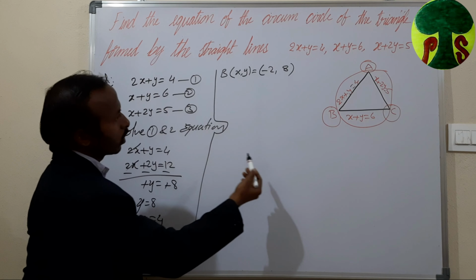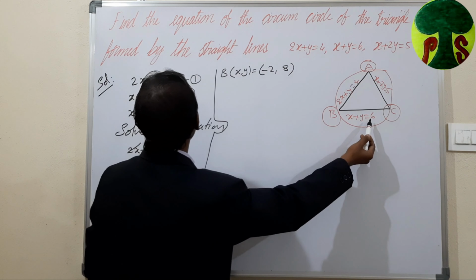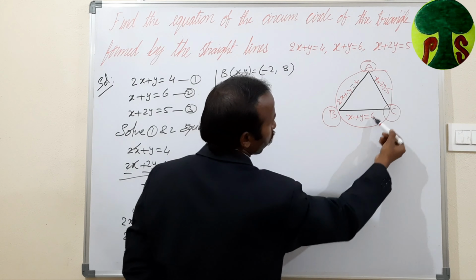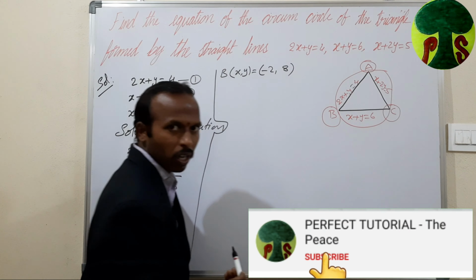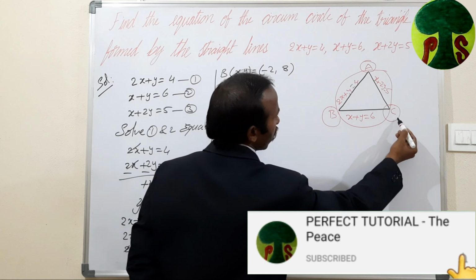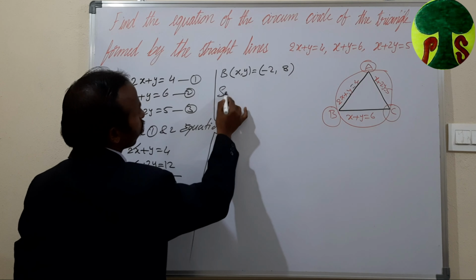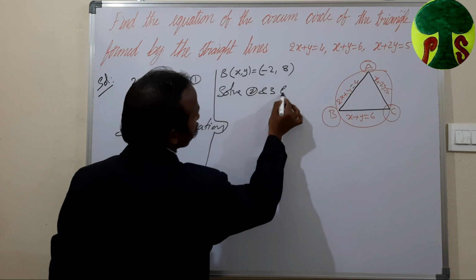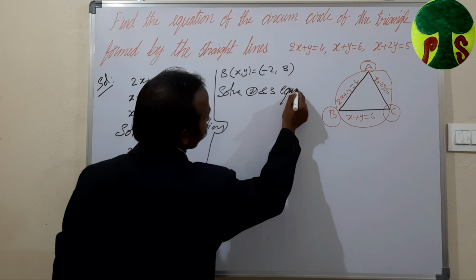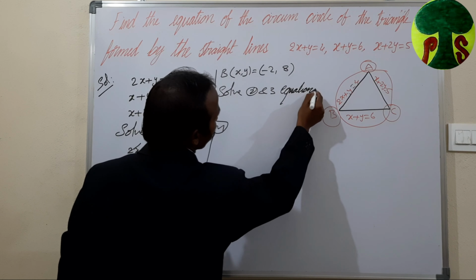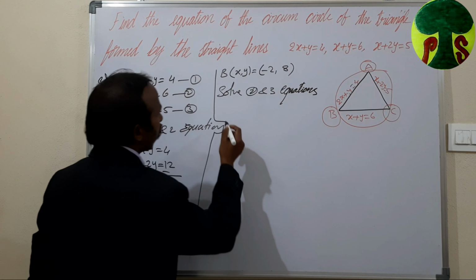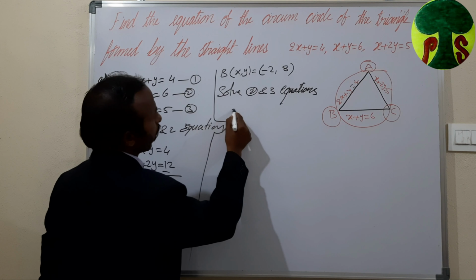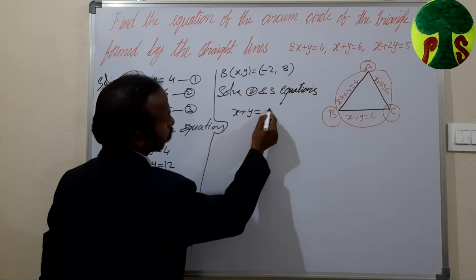Now we will solve equations 2 and 3: x plus y equal to 6, x plus 2y equal to 5. By solving these two line equations, which vertex will you get? Vertex C. The second equation is x plus y equal to 6.